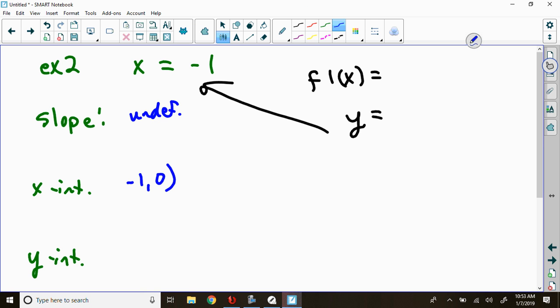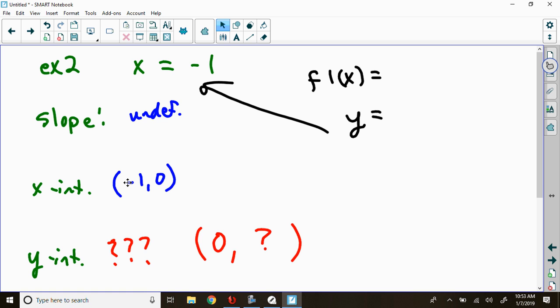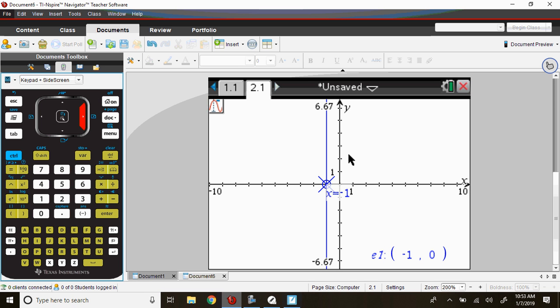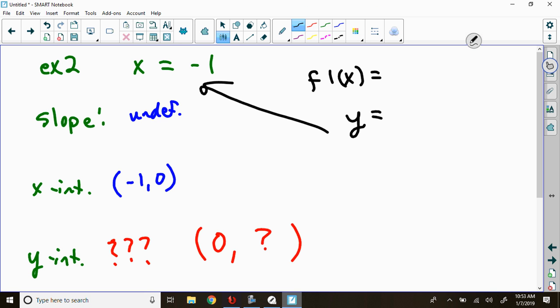So I wonder about this y-intercept, what my value of y is when x equals 0, where the graph goes through the y-axis. Here's my y-axis. It appears as though the graph's not going to go through it, and that's right, it's not. Because of that, there is no y-intercept.